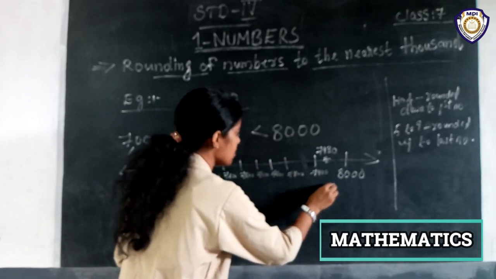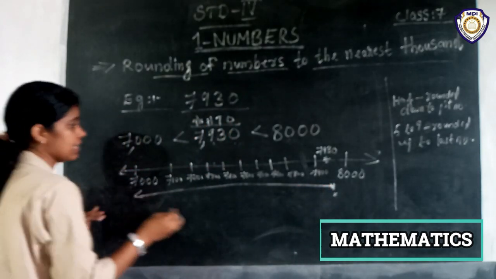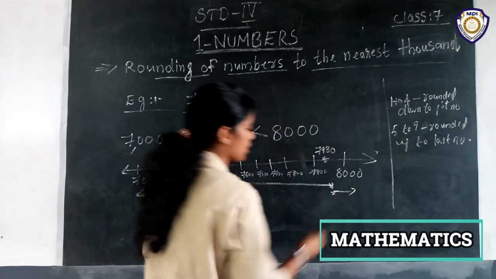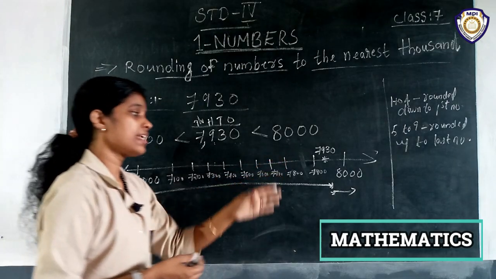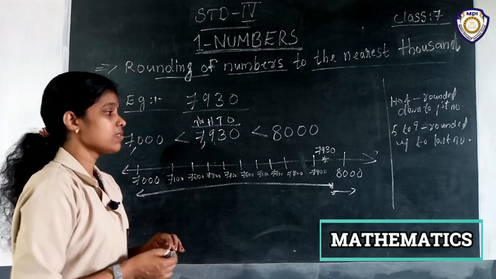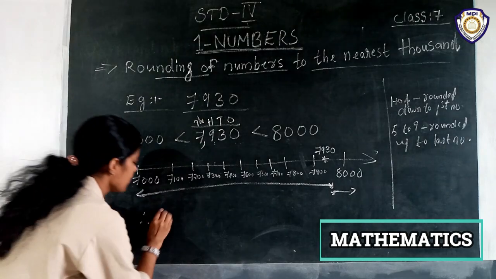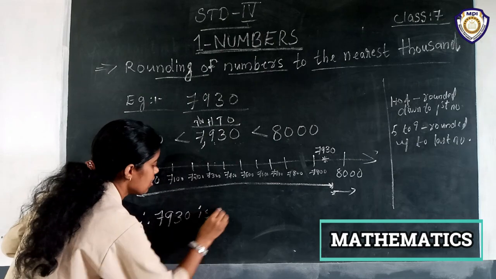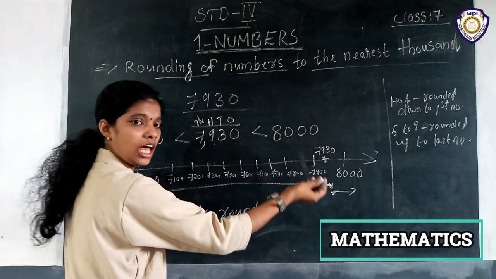From 7930 to 7000, and 7930 to 8000. Which line is the smallest one? This is the smallest one. Therefore 7930 is rounded down or up?